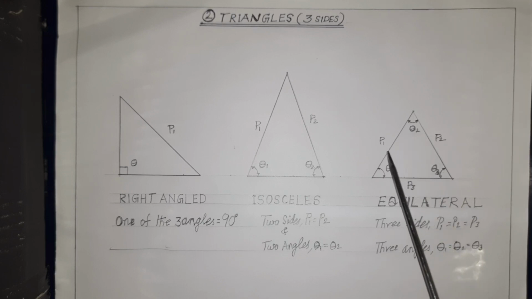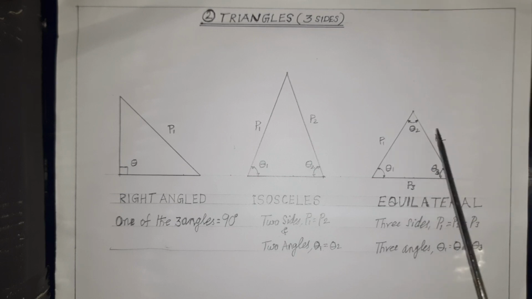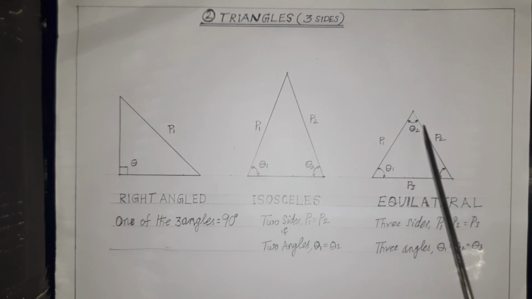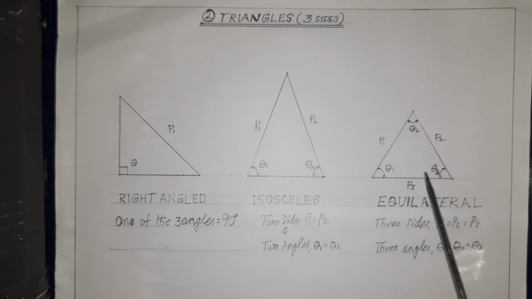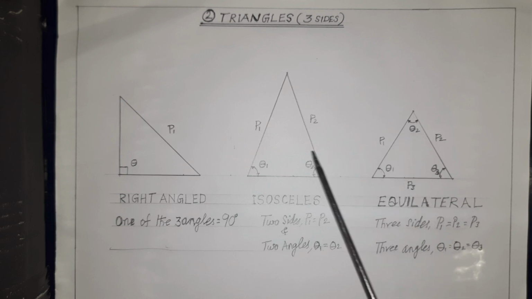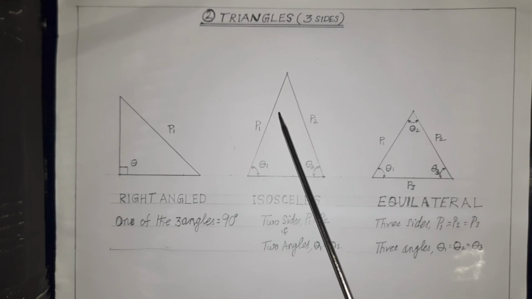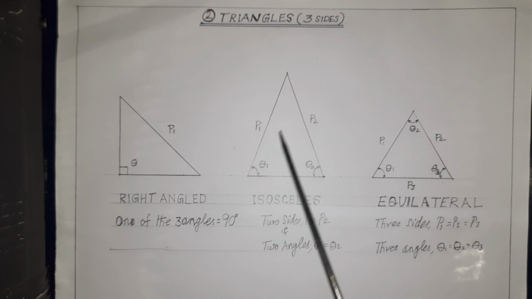That is, if all the three sides are equal in length, all the three angles are equal, in that case it is called an equilateral triangle. In any case, for a triangle, the sum of the total angles in the inner side of the triangle is always 180 degrees. That is the general concept.